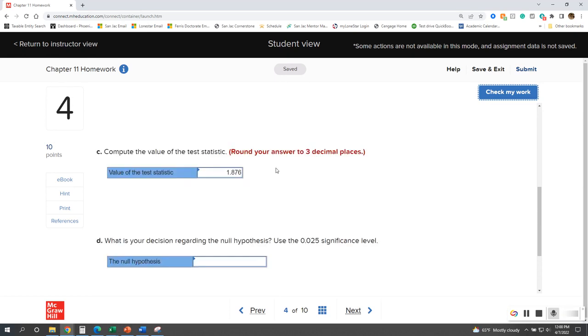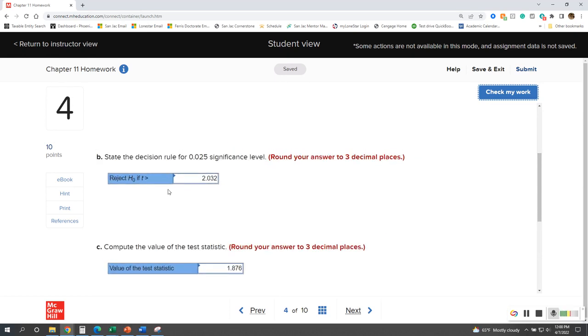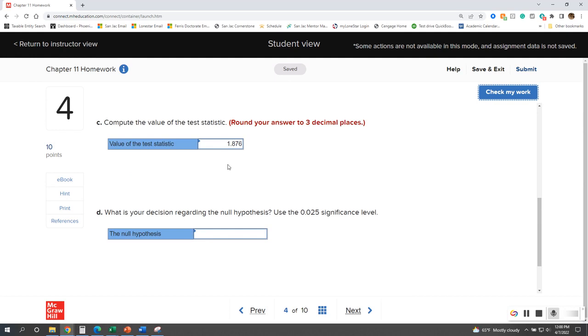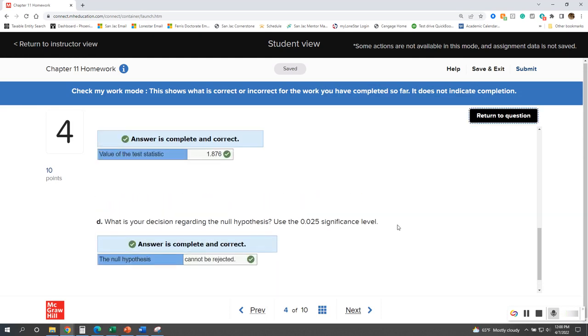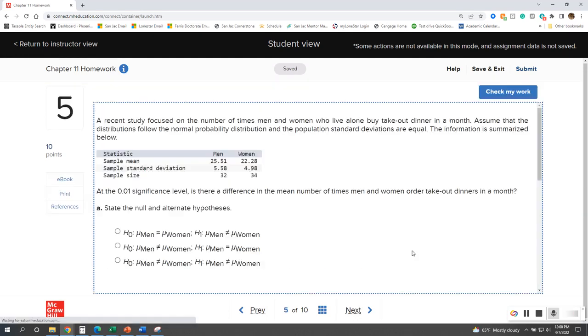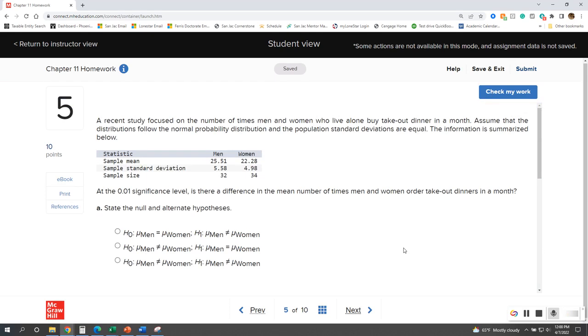So, again, decision rule: t had to be greater than 2.032, and it is 1.876. So our null hypothesis cannot be rejected. And there we go. There's question 4. Go ahead and hit question 5.